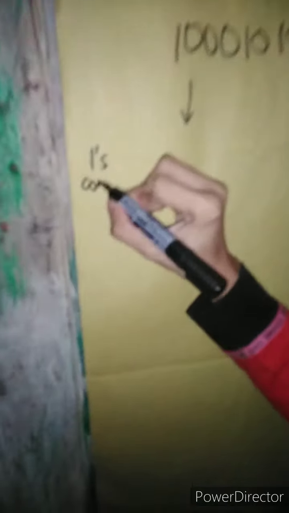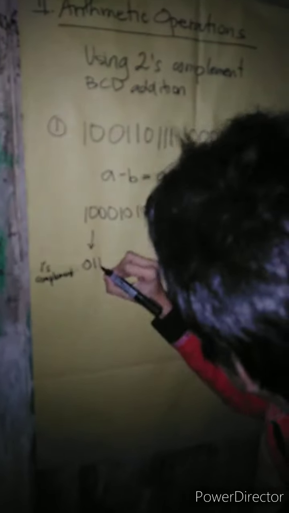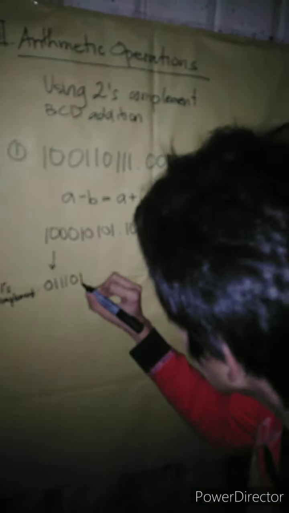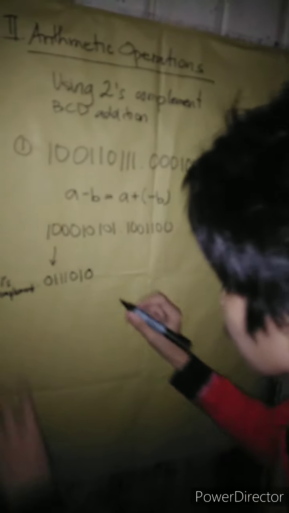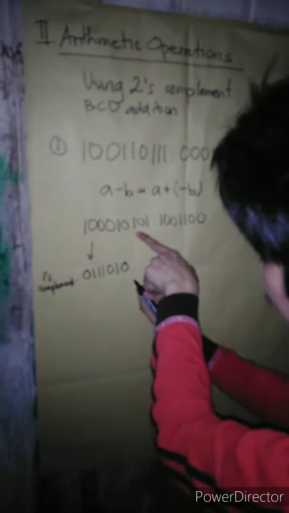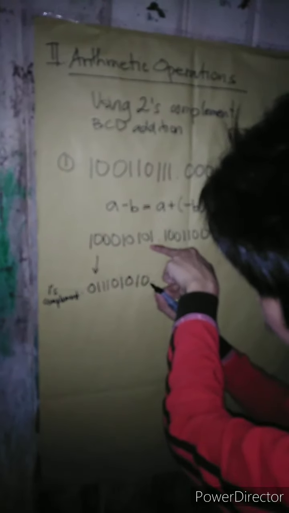Like this. 1's complement. 1 will become 0, 0 will become 1, and everything follows. 1, 1, 0, 1, 0, wait. 1, 0, 0, 1, 1, 0, 0, 1.